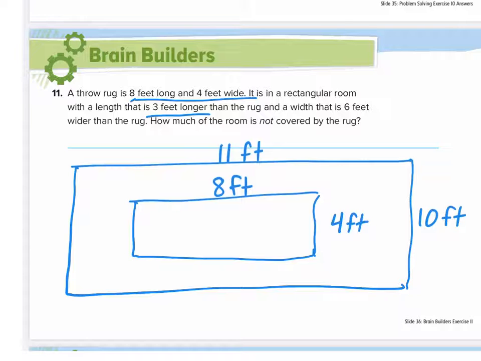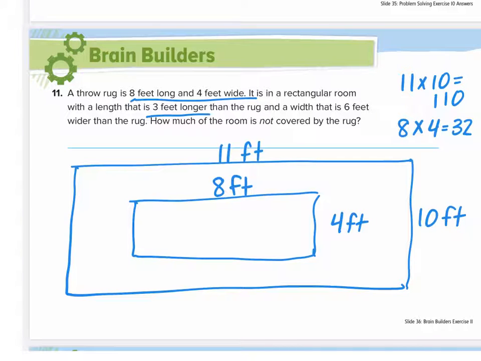So how much of the room is not covered by the rug? We have to find the area of the room and find the area of the rug and subtract the rug from the room. So 11 times 10 is 110. And 8 times 4 is 32.